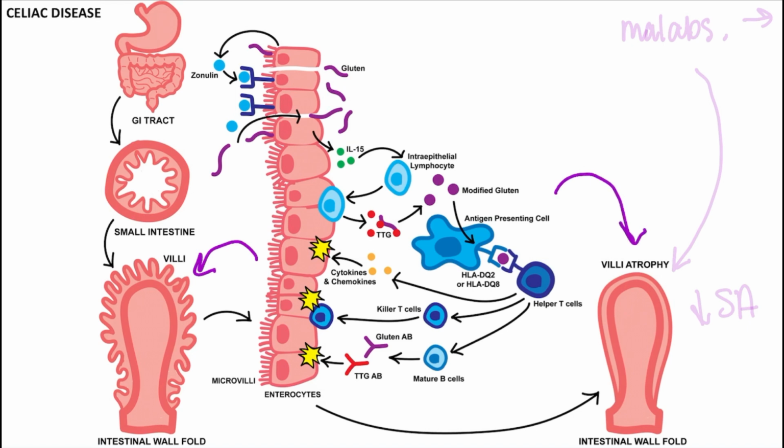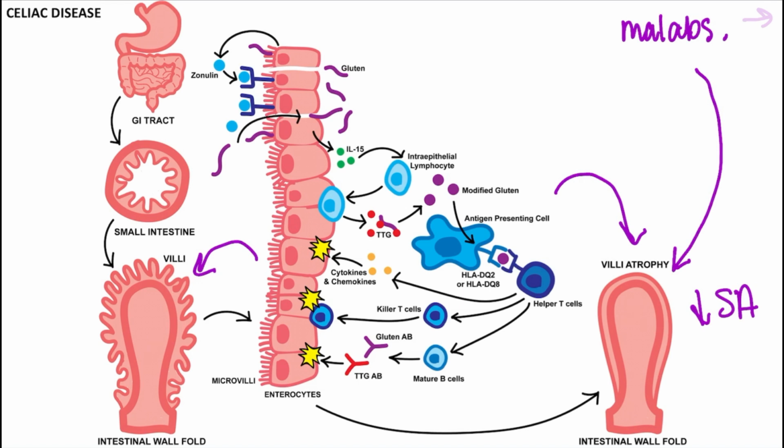So together, this significantly reduces the intestinal surface area, which is why a number of patients with celiac disease may present with a failure to thrive due to malabsorption, because of this loss of the immense surface area necessary to ensure proper absorption of nutrients from the GI tract.